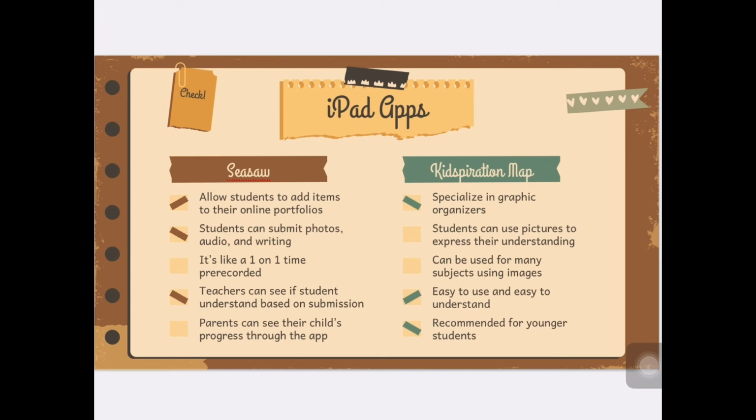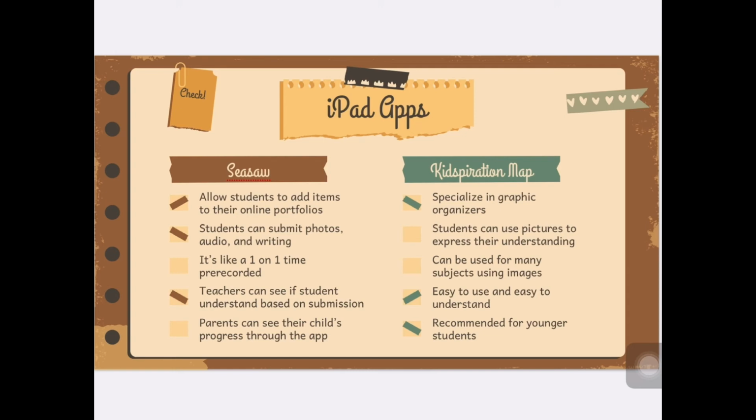How are they different? Okay, so Seesaw allows students to add items, as you saw in the video, to their online portfolios. Students can submit photos, audio, and writing. So it feels like one-on-one time pre-recorded for the teachers and the parents. Teachers can see if students understand based on submission.